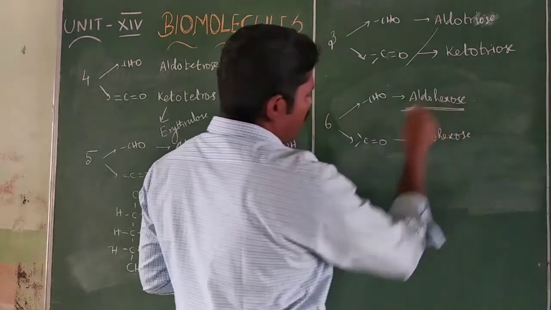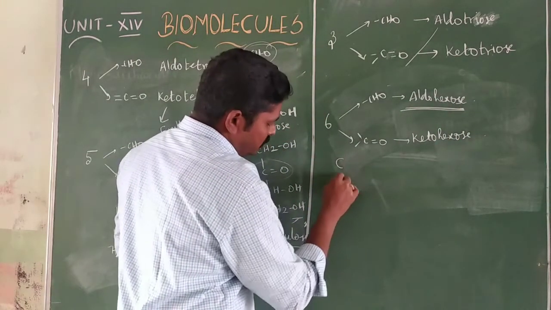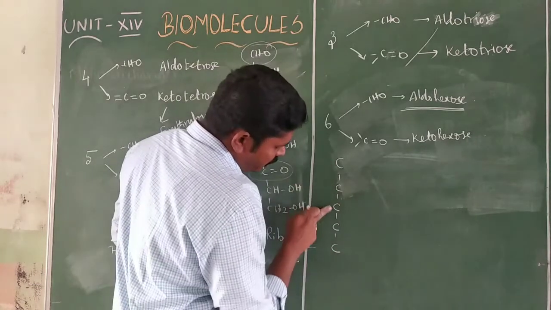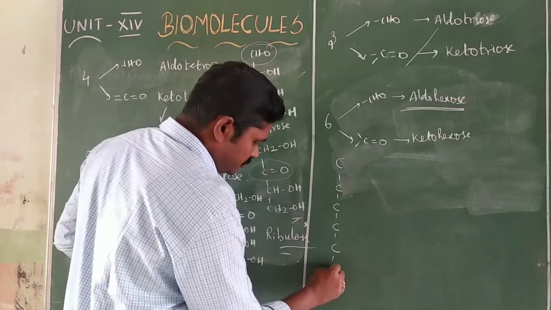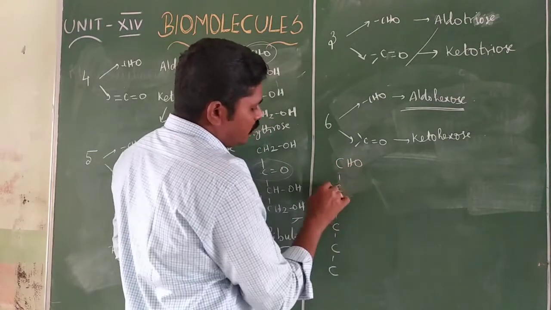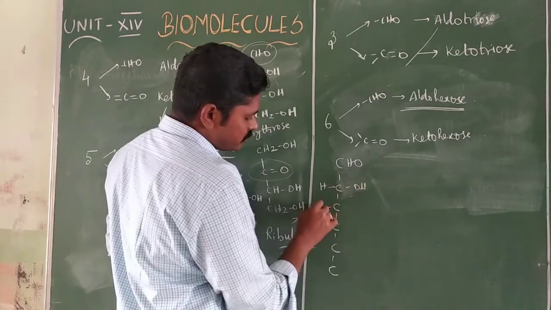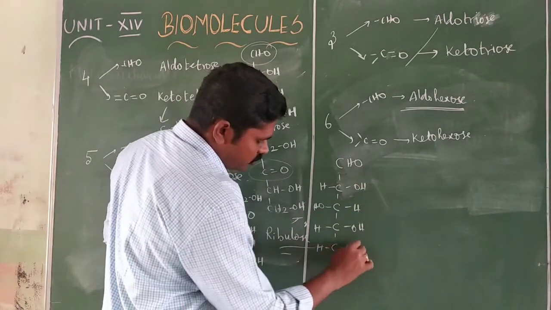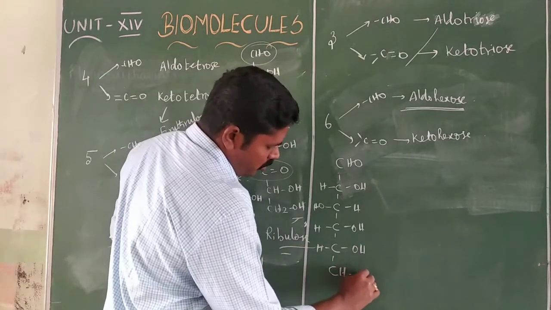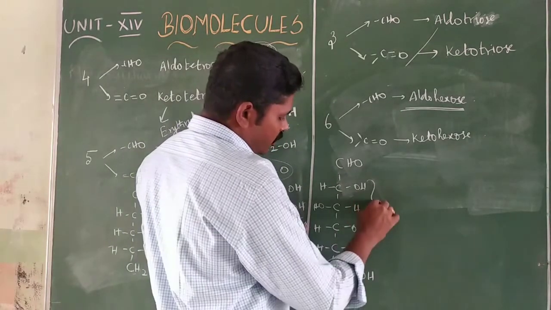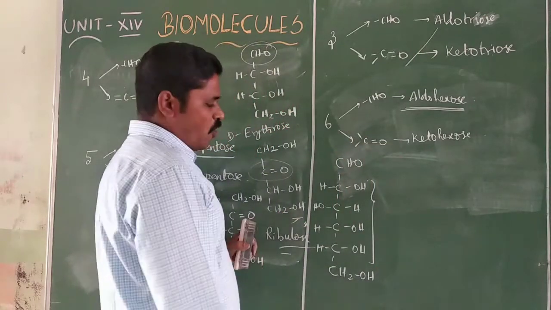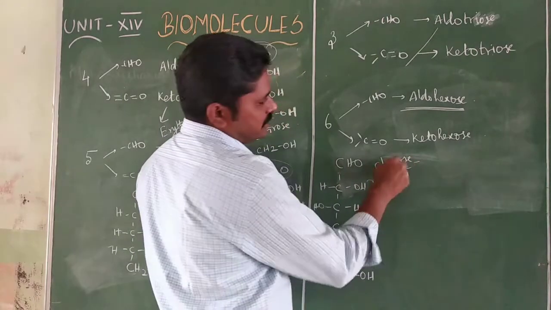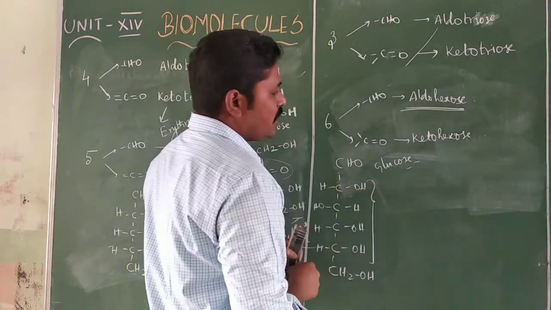An example of aldohexose is glucose: 1, 2, 3, 4, 5, 6. 6 carbons with an aldehyde group, then HOH, OH, HOH, HOH, and CH2OH. So n equal to 4. So glucose is an example of aldohexose.